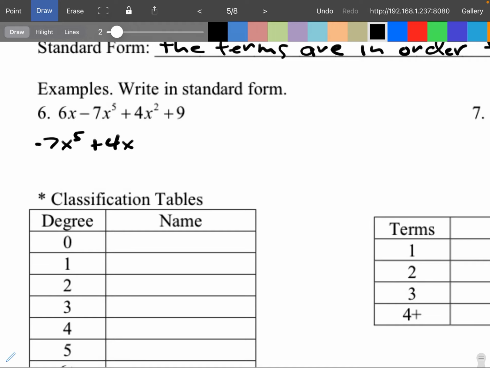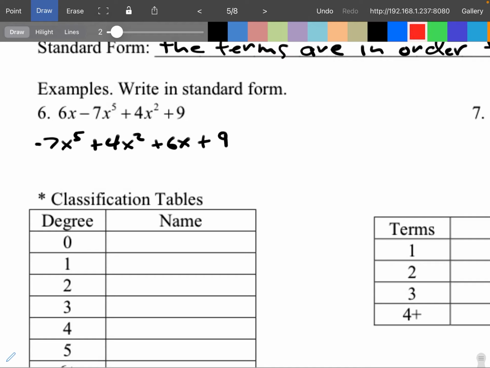Yep, that's a positive 4x squared, so we write plus 4x squared. And then what's the next one? 6x. Yep, so we write plus 6x. And then what's the lowest degree term? The 9, the constant term. That's just the number 9. And that's it. So again, you're just writing the monomials in order from the highest degree monomial to the lowest degree monomial.